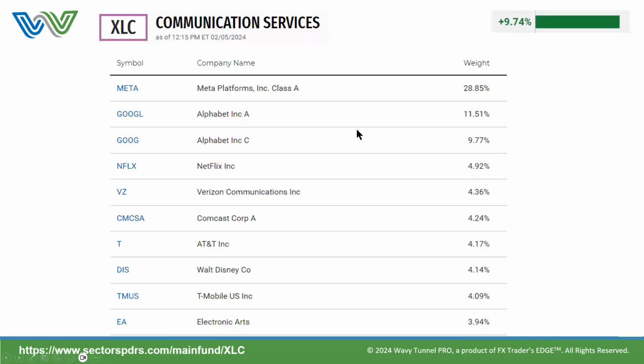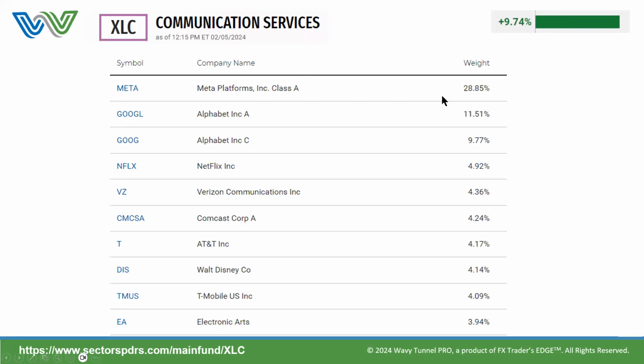So let's go through each one individually, and I'm going to show you the sector chart as well as the top performing stock within, not the top performing, this is the biggest weighting. This is a listing of the top 10 weightings in the communication services, also from the Sector Spiders website. You can see this. It's very, very handy.